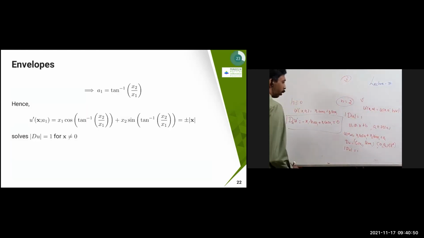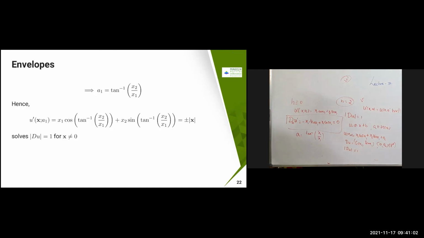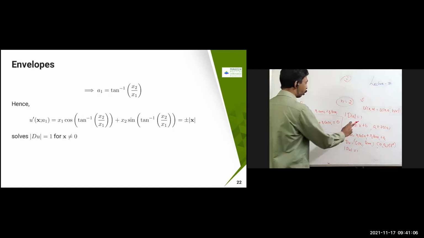If we solve for this one, then what you are going to get is a1 equal to tan inverse of x2 by x1. Therefore, you are going to get your u dash.